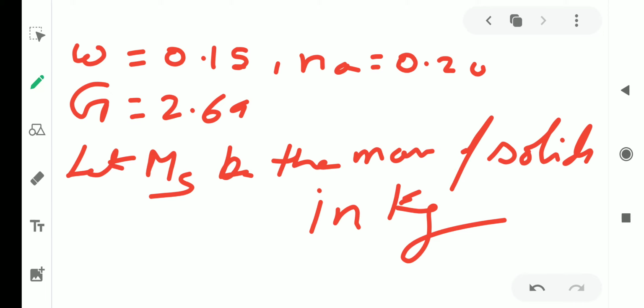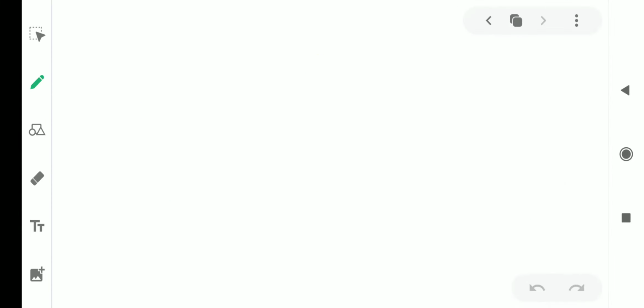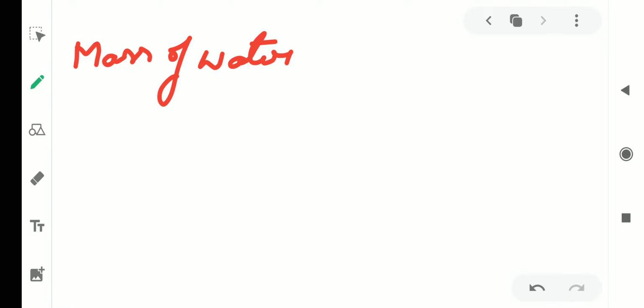Now, can you tell me what will be the mass of water? If the mass of solids is Ms, then what will be the mass of water? We know that water content is equal to mass of water by mass of solids.